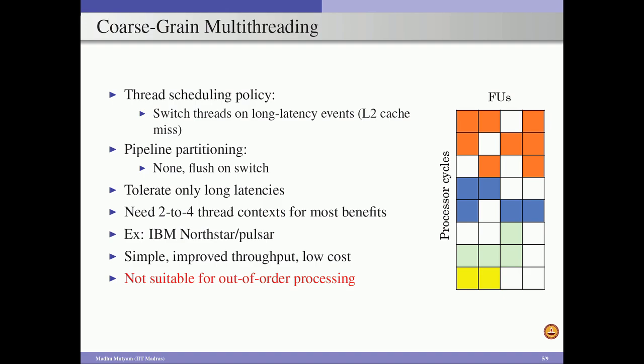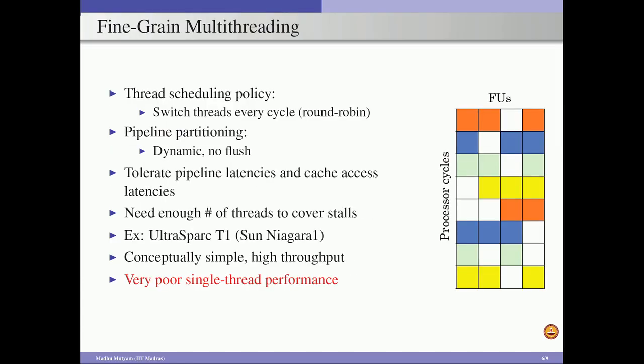So now we move on to the second design, where we will consider fine grain multi-threading. As the name suggests, we switch between threads at every cycle in a round robin fashion.